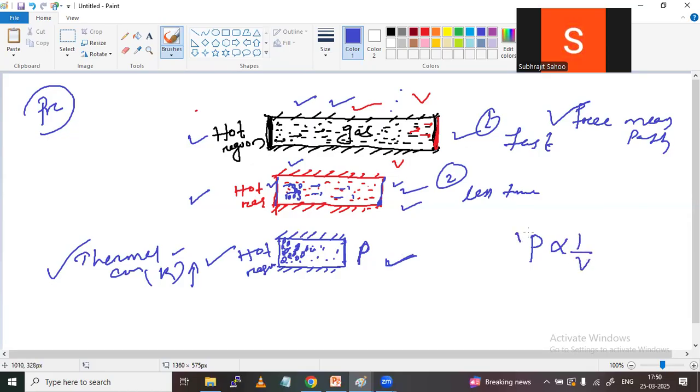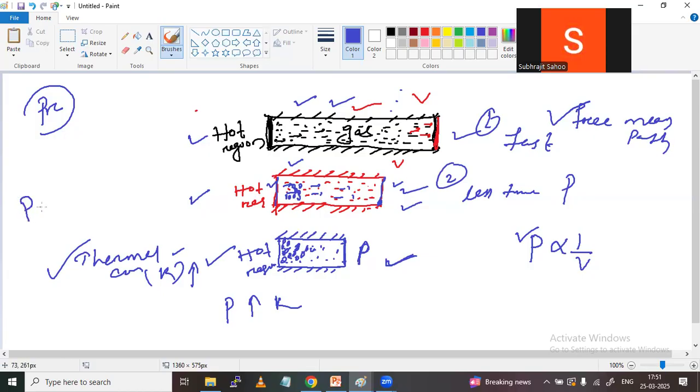So volume less means pressure more, and thermal conductivity K is also more. P more, K also more. But in this case, compared to this one, P is less, and thermal conductivity is also less compared to the third one.